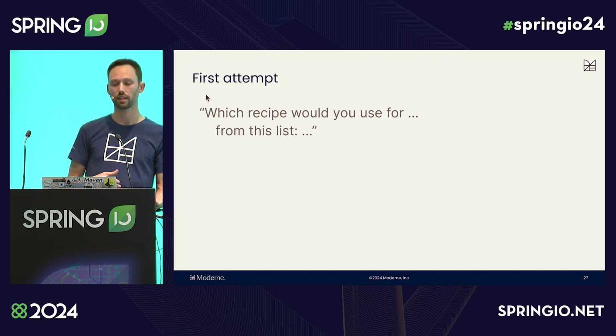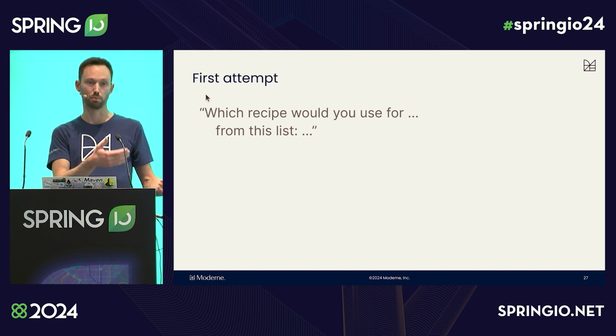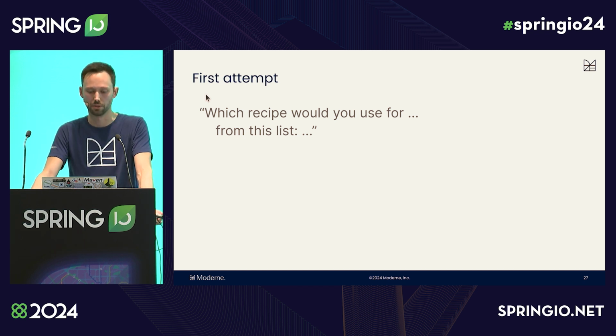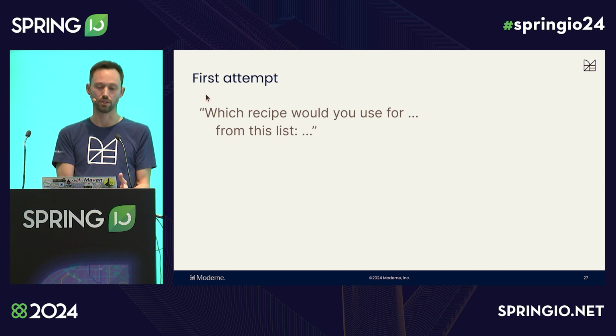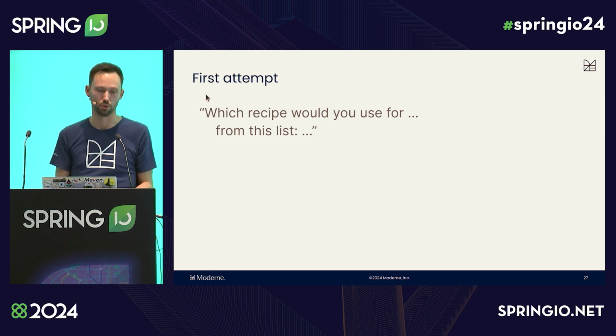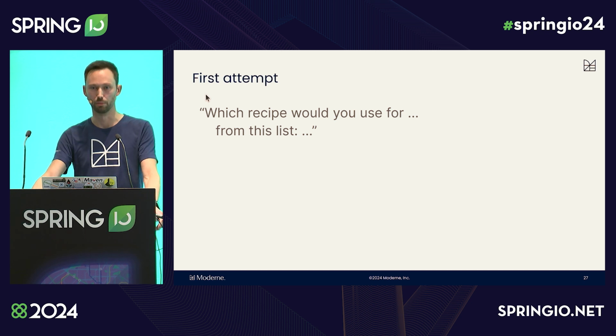The model would get confused about the size of the input tokens. If you put 1,000 recipe descriptions in there, the query would get lost in the noise. And it again started to invent recipes that weren't there, which isn't great if you're doing a search. And it was slow. This is search that we're aiming for, something that gives you an immediate response, not tell you to come back in a minute or two.